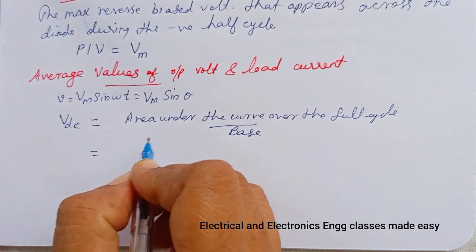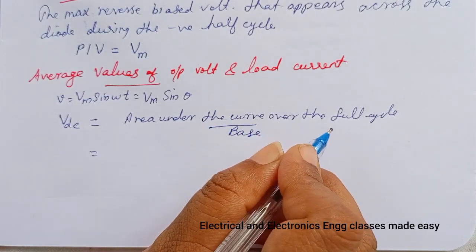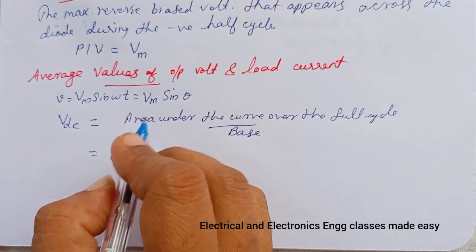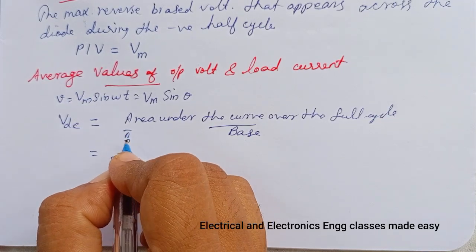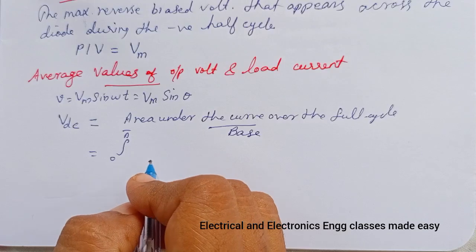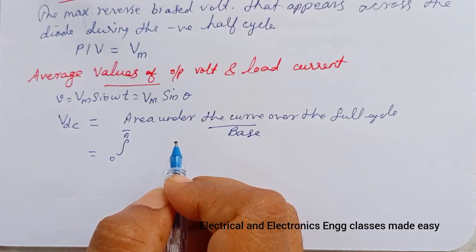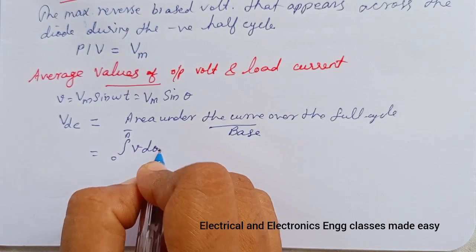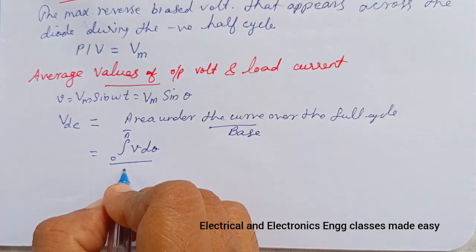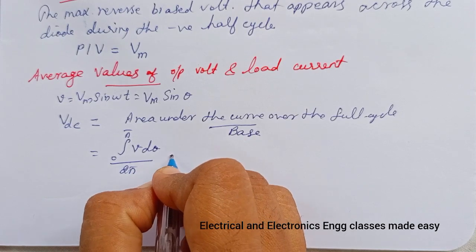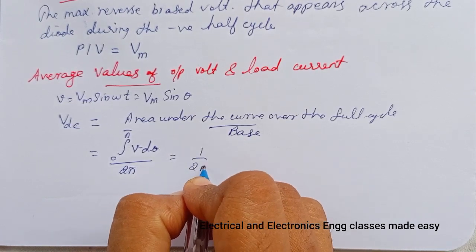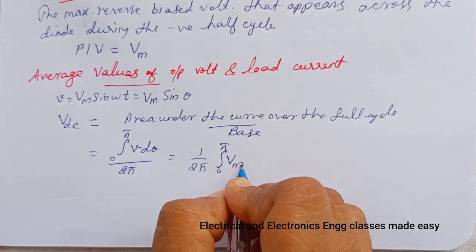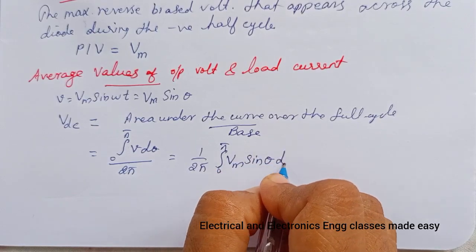That is the integral from 0 to pi, because in the output we have only the positive half cycle, of V d theta, divided by the base 2 pi. That equals 1 by 2 pi integral 0 to pi Vm sin theta d theta.